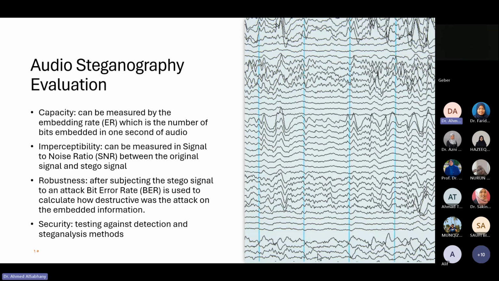The evaluation of audio steganography. We have the capacity, which can be measured by the embedding rate, or ER, which is the number of bits embedded in 1 second of audio.